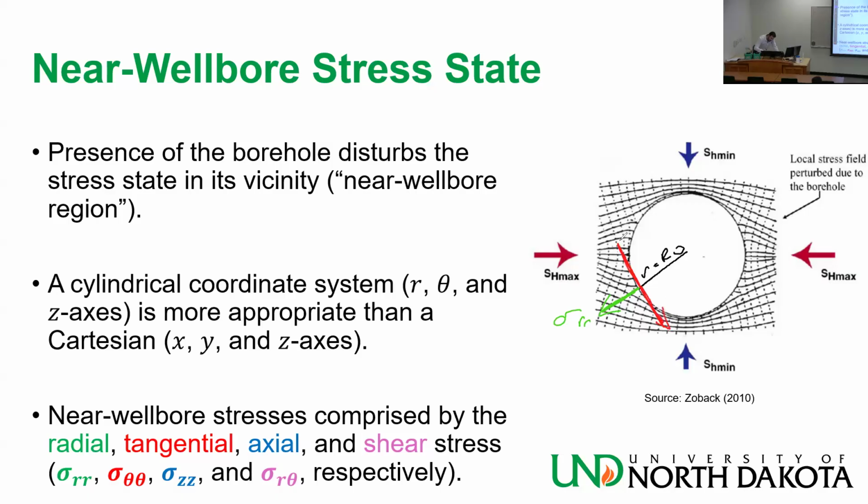This is the tangential stress, also known as hoop stress, sigma theta theta. And then I have the radial, the axial, sigma ZZ. And I want to ask you a question. What is my shear on the wellbore radius? How do I draw it? The answer is I don't have shear stress on the wellbore radius.